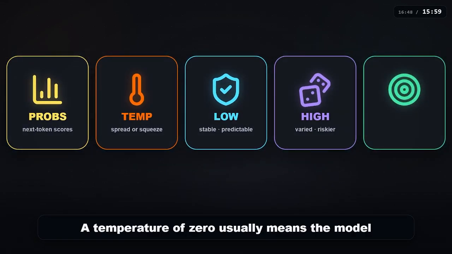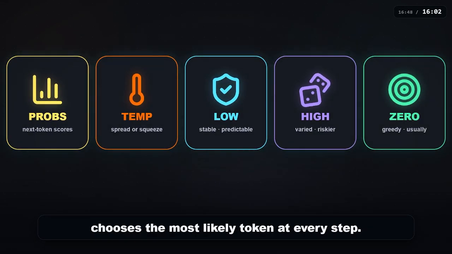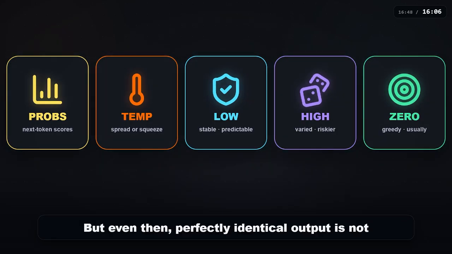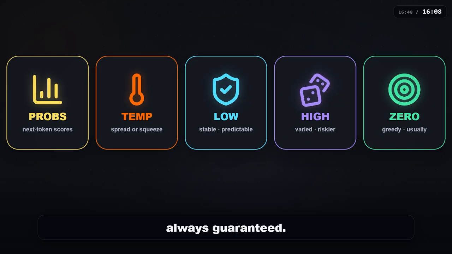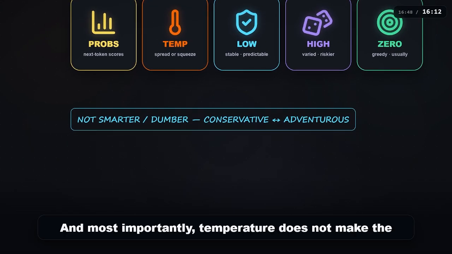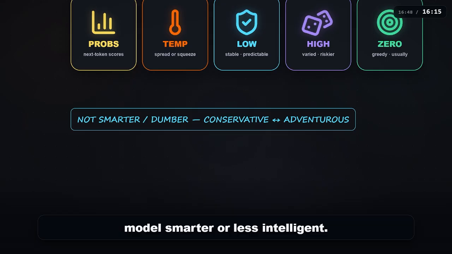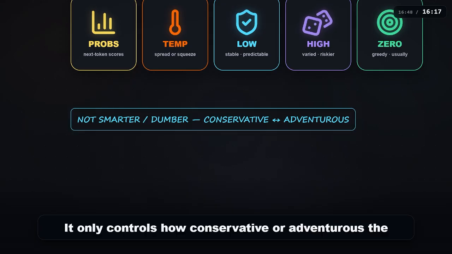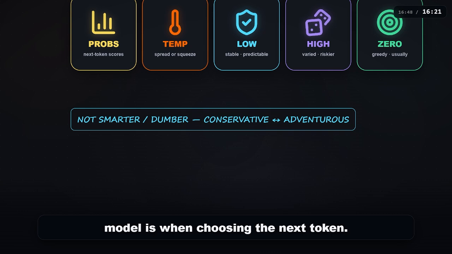A temperature of 0 usually means the model chooses the most likely token at every step, but even then, perfectly identical output is not always guaranteed. And most importantly, temperature does not make the model smarter or less intelligent. It only controls how conservative or adventurous the model is when choosing the next token.